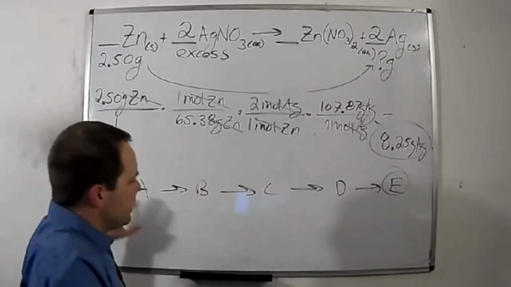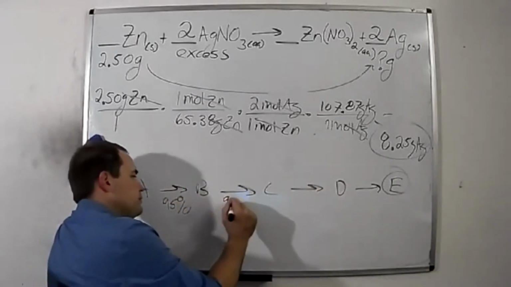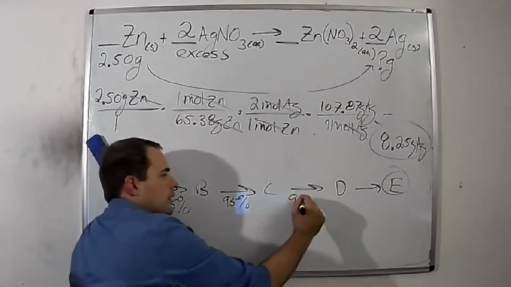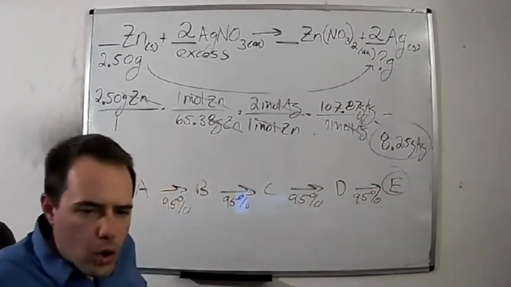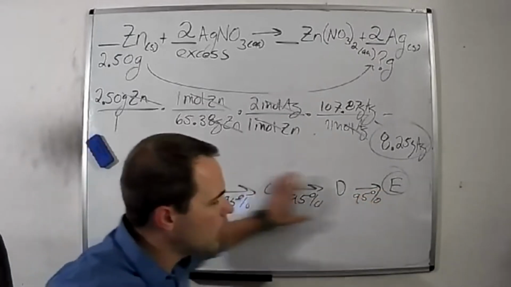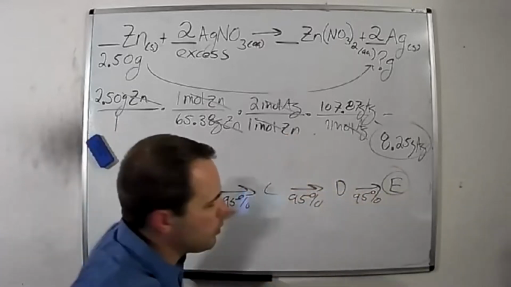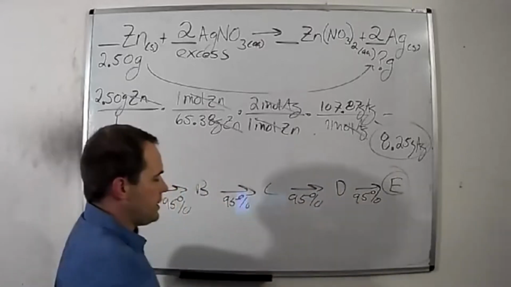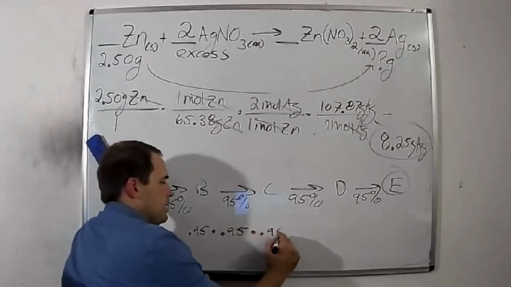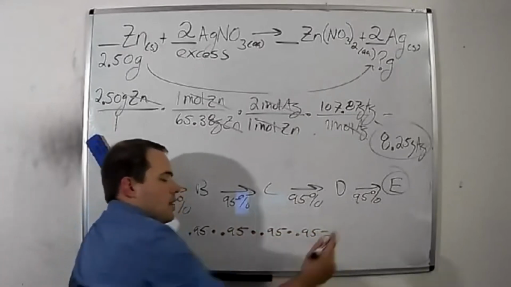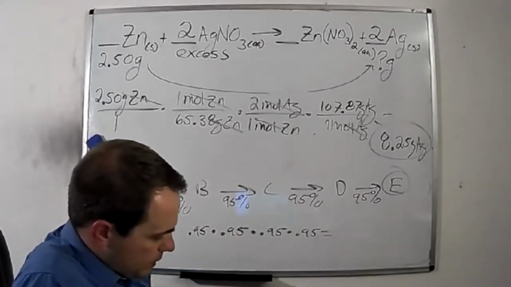Here's how it works. Let's say every one of these steps was 95% yield, 95, 95, 95%, and 95%. The overall yield can be found by multiplying them all together, right? So if I take 0.95 times 0.95 times 0.95 times 0.95, that'll give me my overall yield.